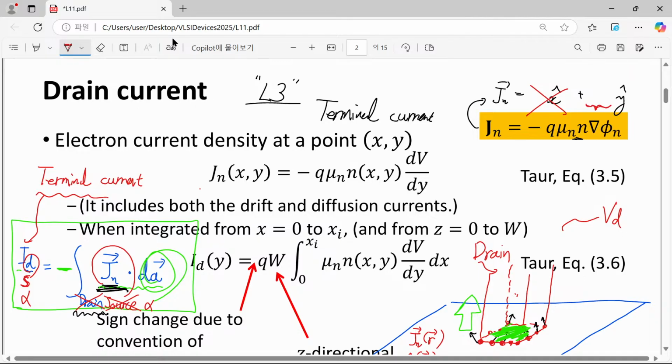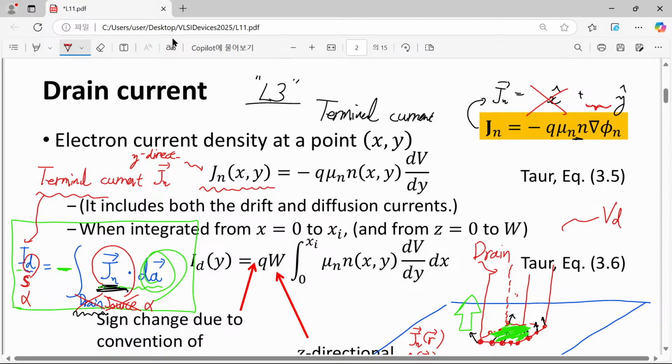And now you are looking at this y directional component only. Although it is written as just a scalar number, this is the y directional component of our Jn vector. And what is the x directional component of our current density vector? It vanishes.